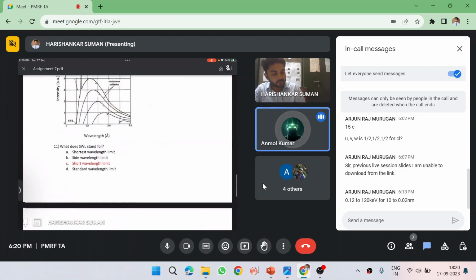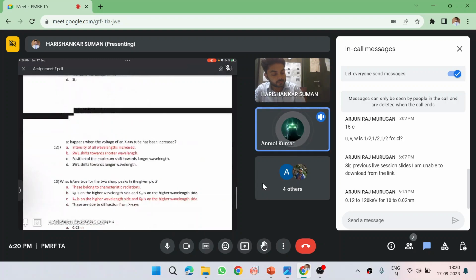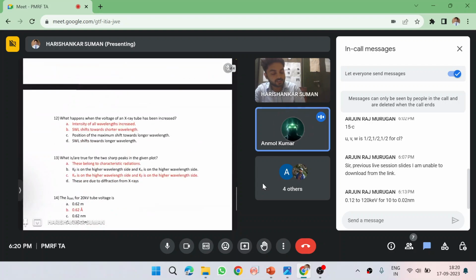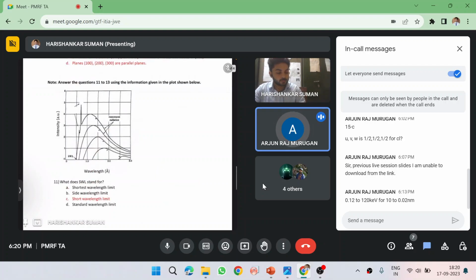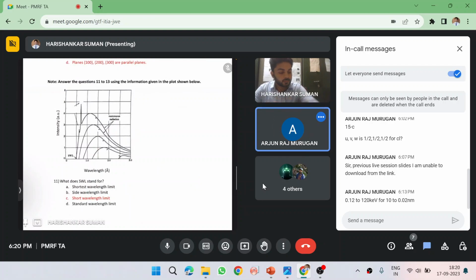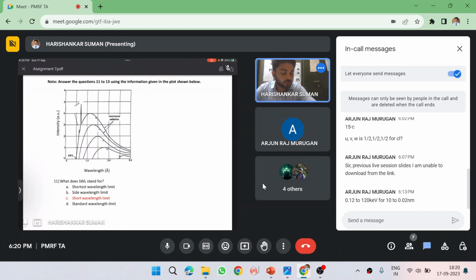Sir, but without X-ray diffraction, we will not be able to get those peaks, right? That's what I want to ask. That is intensity versus angle, no? This is intensity versus wavelength.